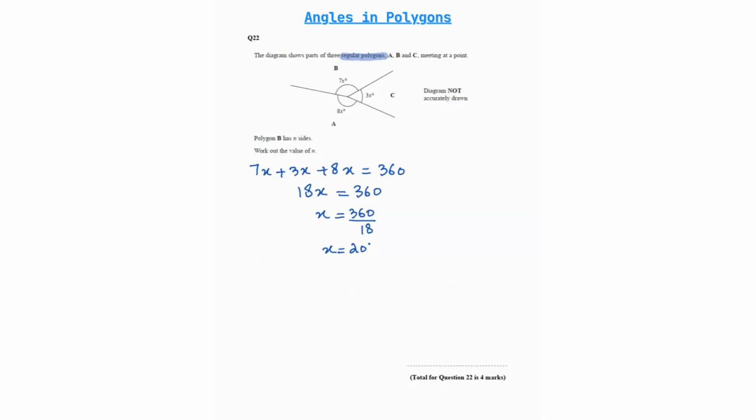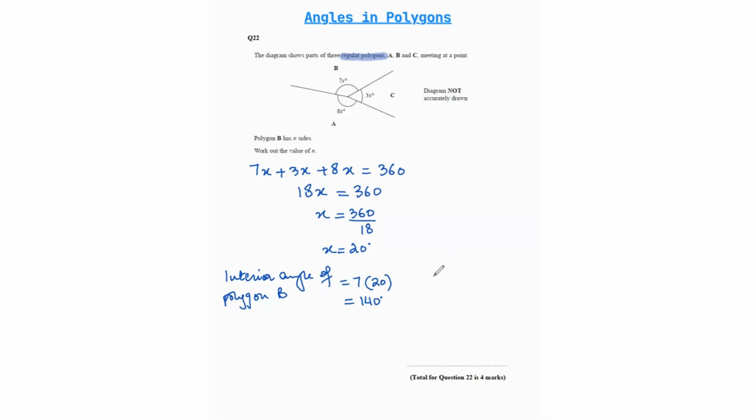So the interior angle of polygon B is going to be 7 times 20, which is 140 degrees.